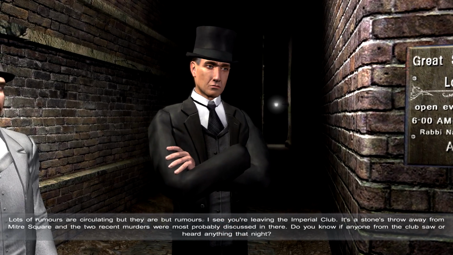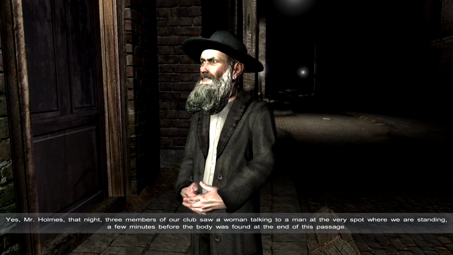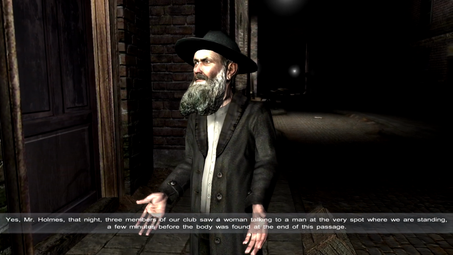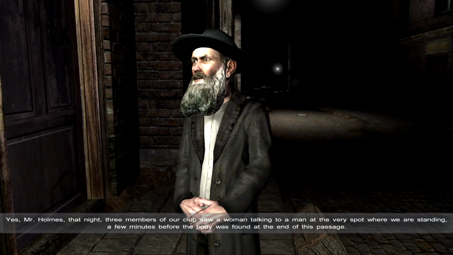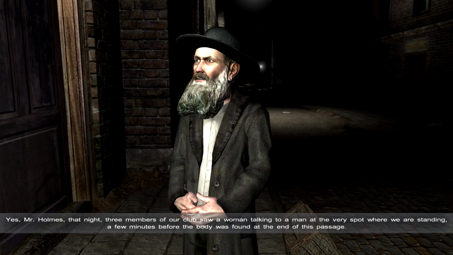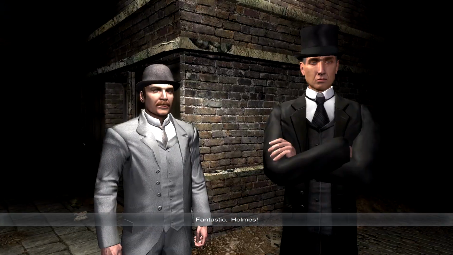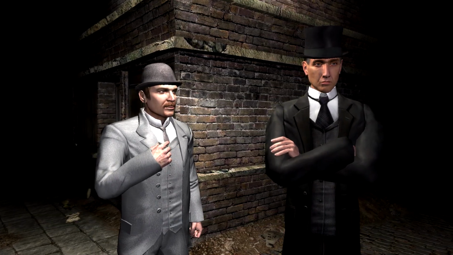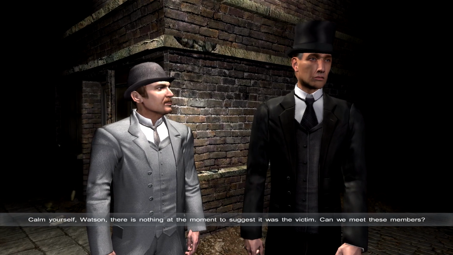Do you know if anyone from the club saw or heard anything that night? Yes, Mr. Holmes. That night, 3 members of our club saw a woman talking to a man at the very spot where we are standing, a few minutes before the body was found at the end of this passage. Fantastic, Holmes. Calm yourself, Watson. There is nothing at the moment to suggest it was the victim.